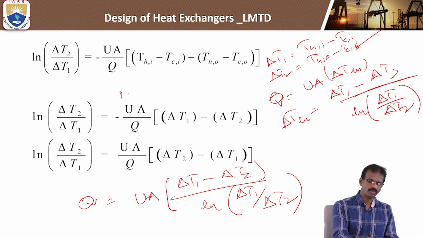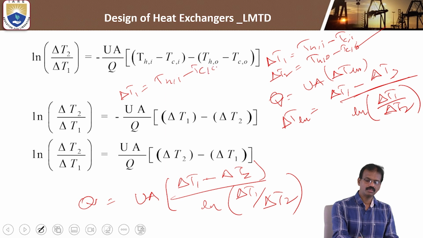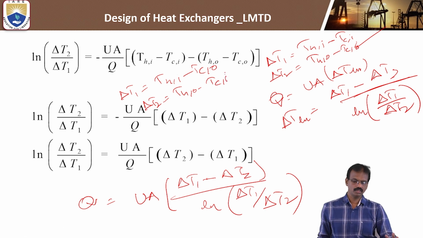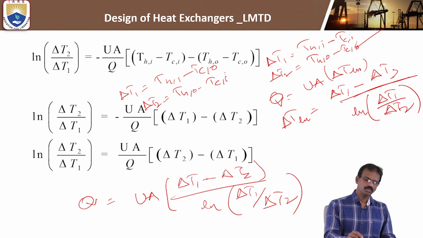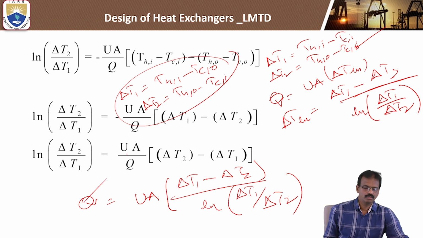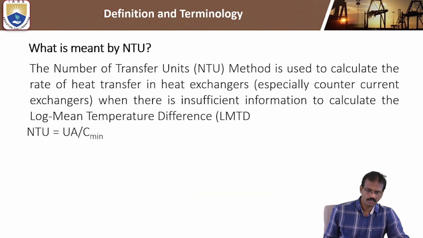For the counter flow, delta T1 is equal to THi minus TCo. Delta T2 is equal to THo minus TCi. Inlet and outlet are different. So by using this, we can find out the rate of heat transfer value in the heat exchangers.